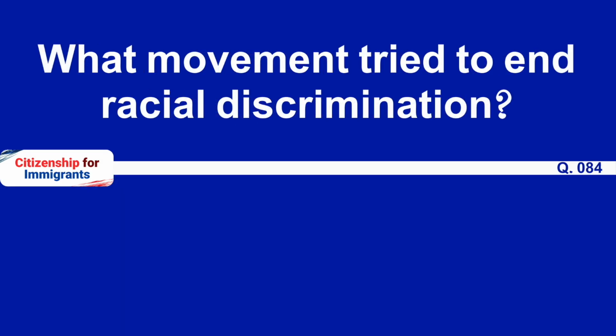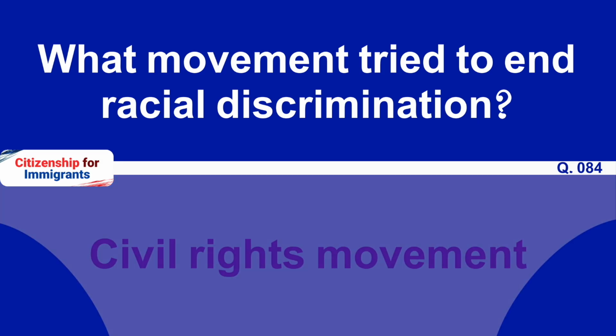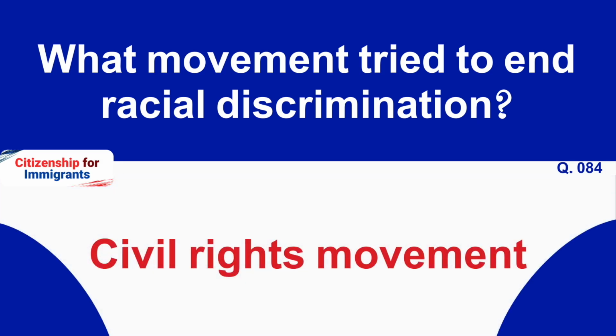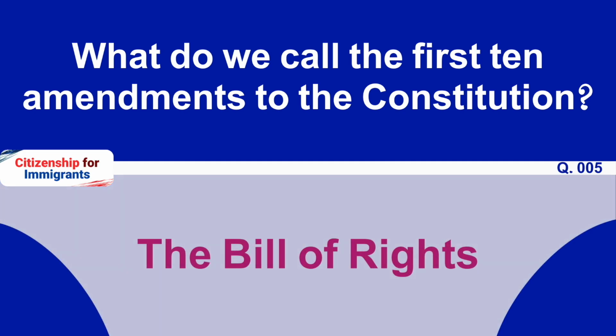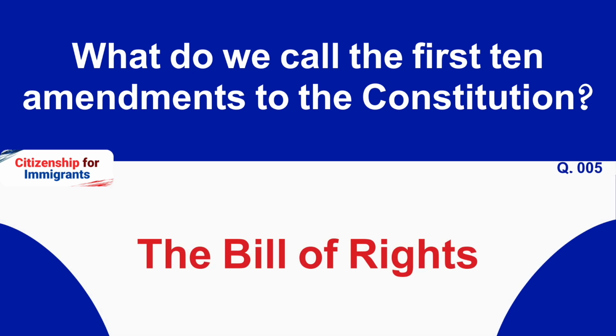What movement tried to end racial discrimination? Civil rights movement. What do we call the first 10 amendments to the Constitution? The Bill of Rights.